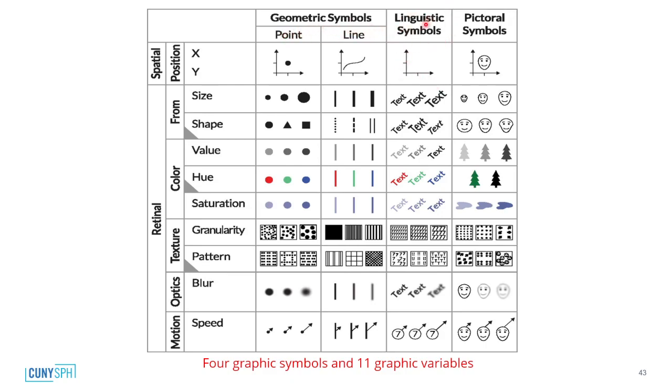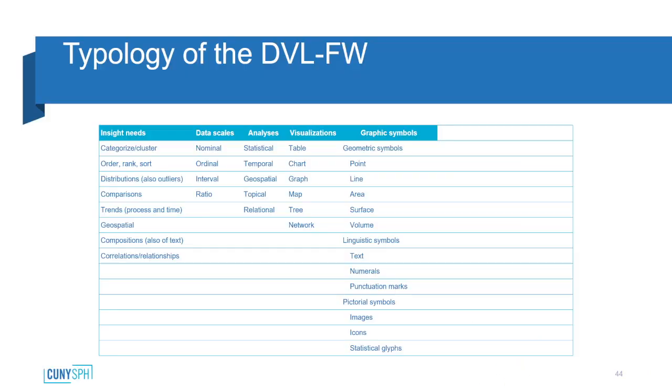We have linguistic symbols and we have pictorial symbols. We are going to revisit these, but these are the three types of basic symbols. As you see, we are going to have different variables of that symbol that are going to allow us to better represent some functions.